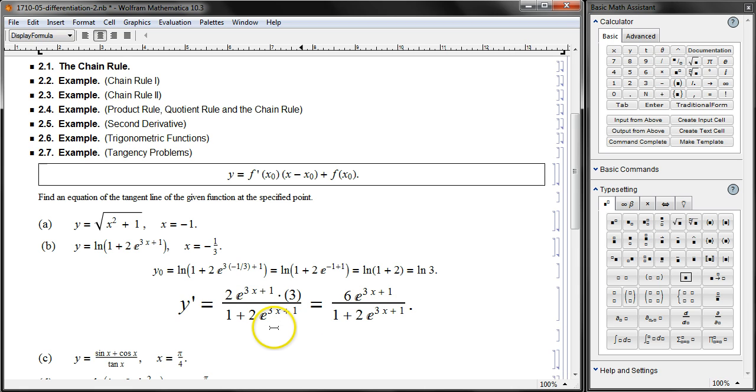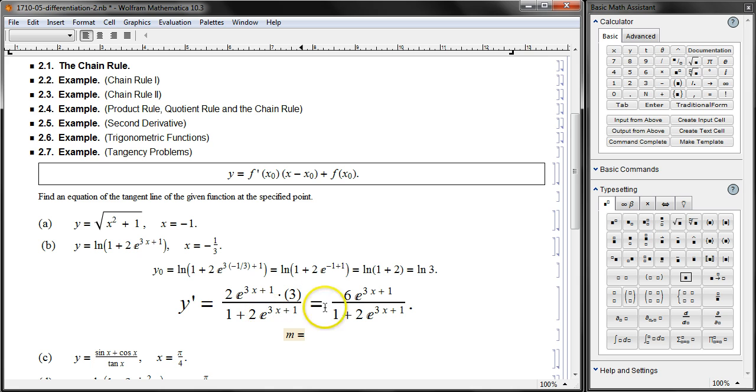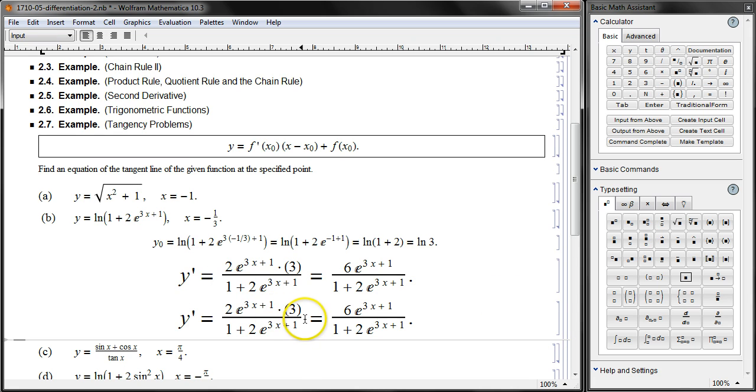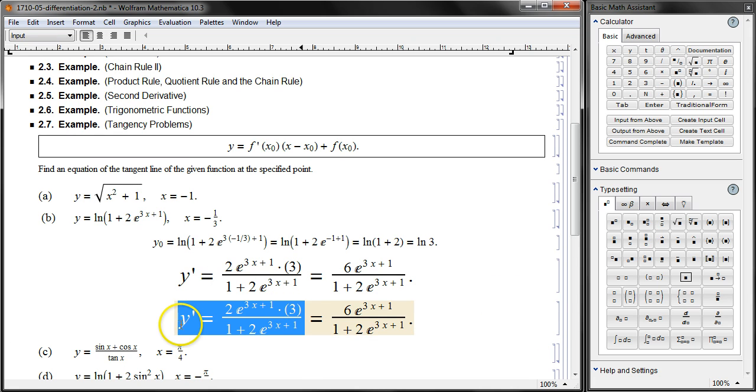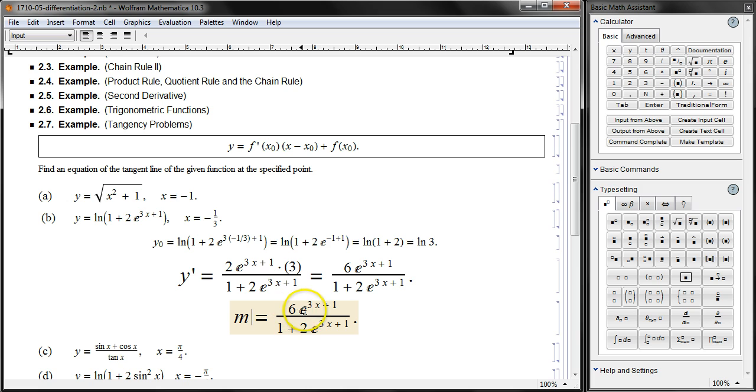Next, slope. All I have to do is plug in x equals negative 1/3 here. So this whole thing is negative 1. So negative 1 plus 1.